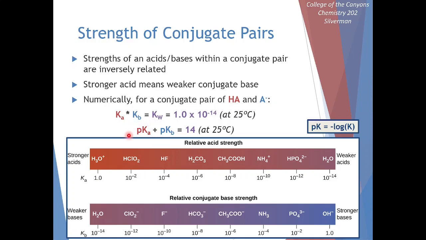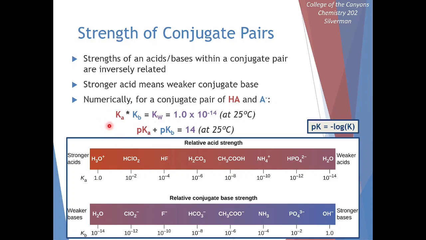Or in terms of pKa's and pKb's, when you have a conjugate acid-base pair, the pKa of your acid and the pKb of its conjugate base have to sum to exactly 14. If you're looking to understand where these equations come from, well, write out the equation for Ka, write out the equation for Kb. You can see that those multiply together to equal exactly just our Kw equation.